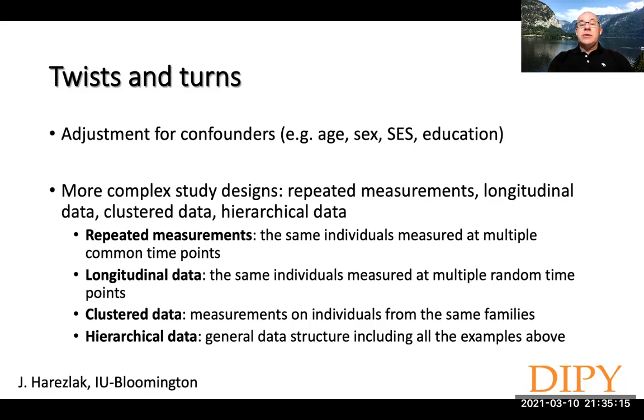And again, in order to properly analyze such data, we have to take this data structure into account. And kind of all-encompassing data structure is this hierarchical data, that contains all the other data structures that we discussed so far.